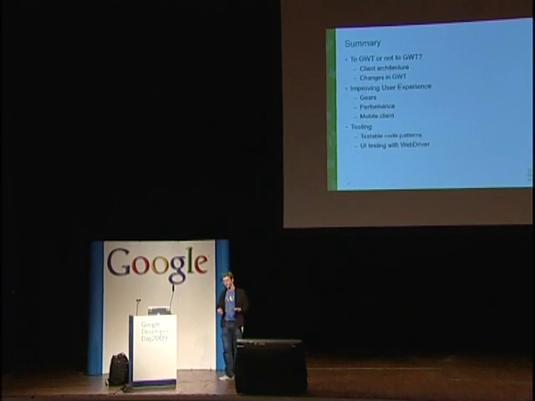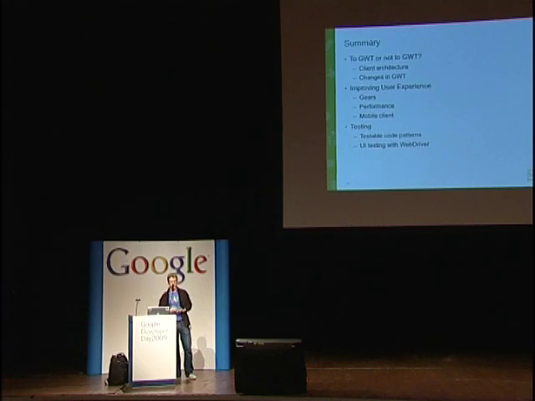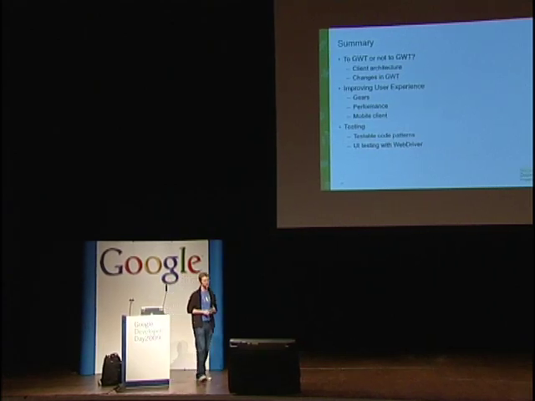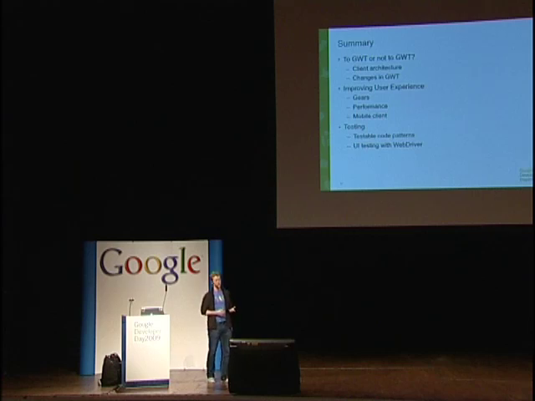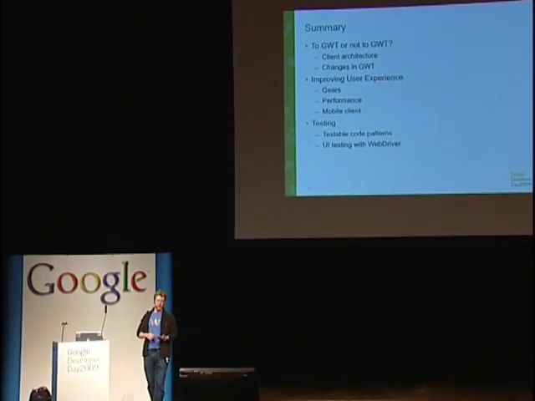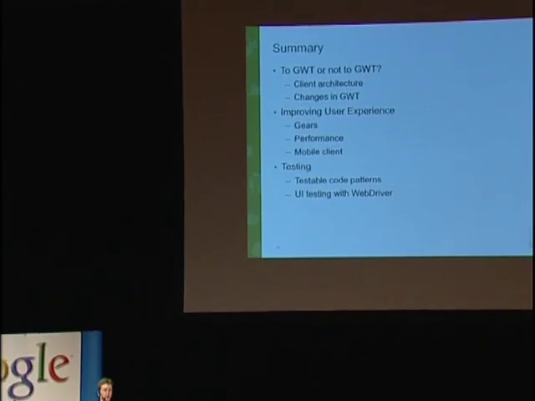And I talked about the way we can build the client now and the recent changes in GWT that really put the icing on the cake for us. And then I just touched on a random collection of things that we've done to improve the overall experience, including performance, touched on our mobile effort, and finally our approach to testing.